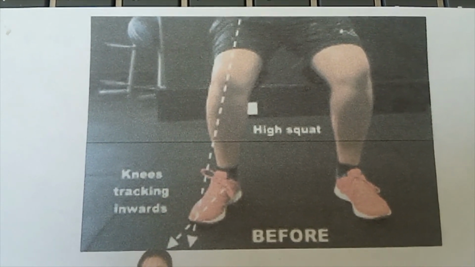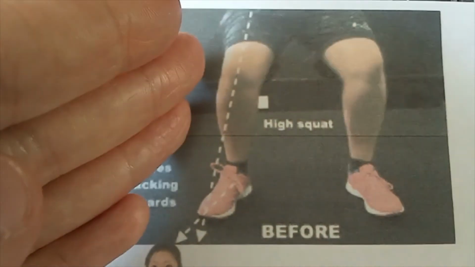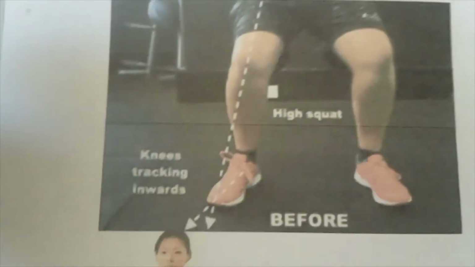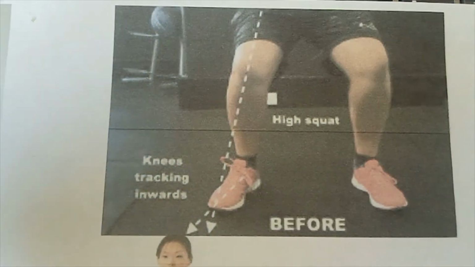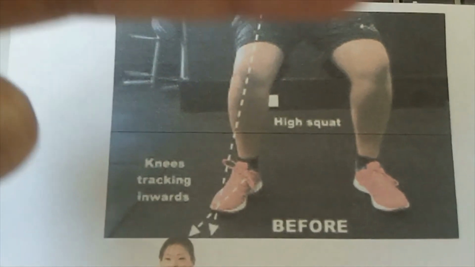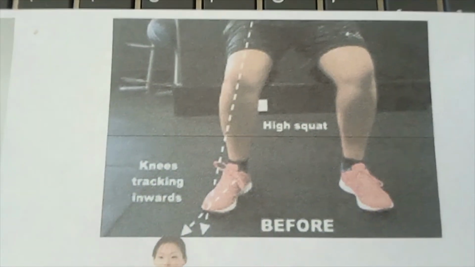So the knees are much more likely to pull inwards. And you're not going to be able to get quite as deep in your squat. It's going to be quite a high squat.